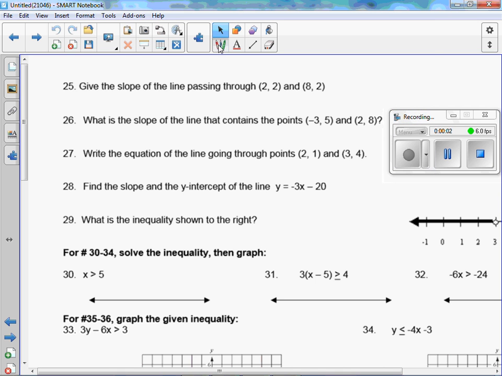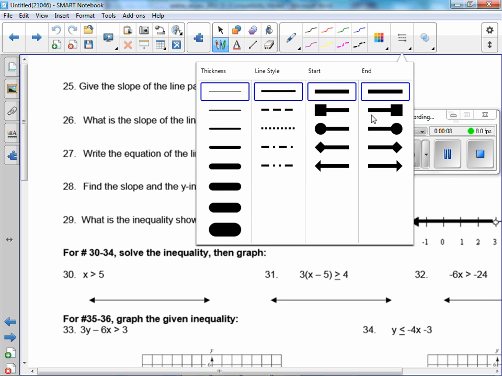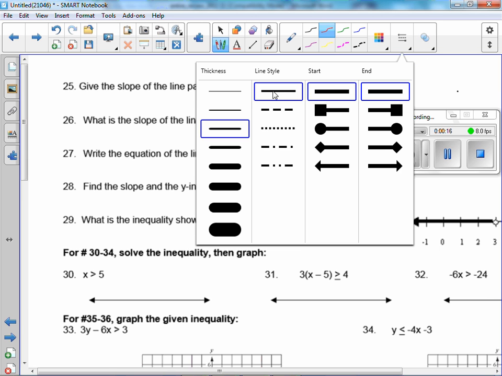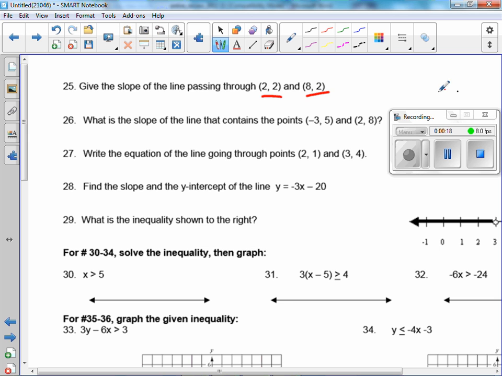Okay, we're going to start with number 25 on page 3 of the packet. It says, given the slope of a line passing through 2 and 8, what is the slope? So you just subtract the y's, which is 2 minus 2.